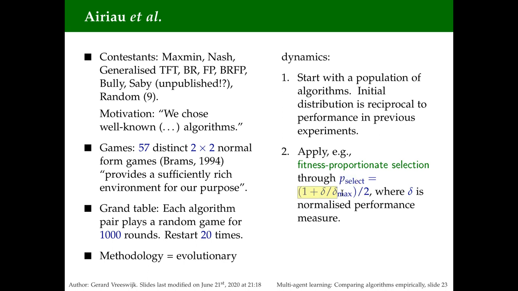So these numbers have to add up to 1, otherwise those aren't probabilities. And delta is some normalized performance measure. And the final ranking here was best response to fictitious play.